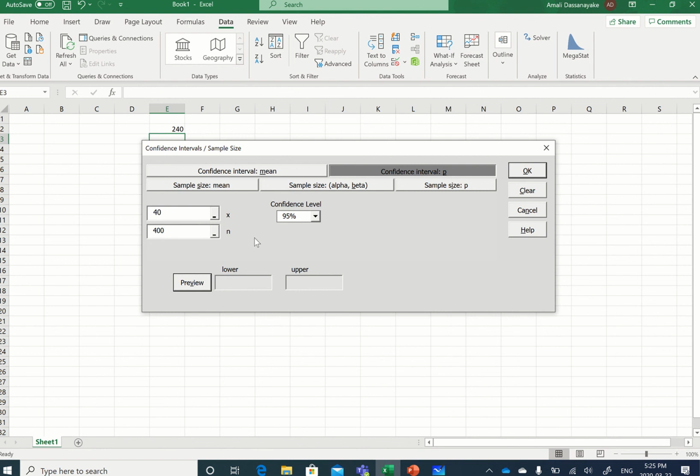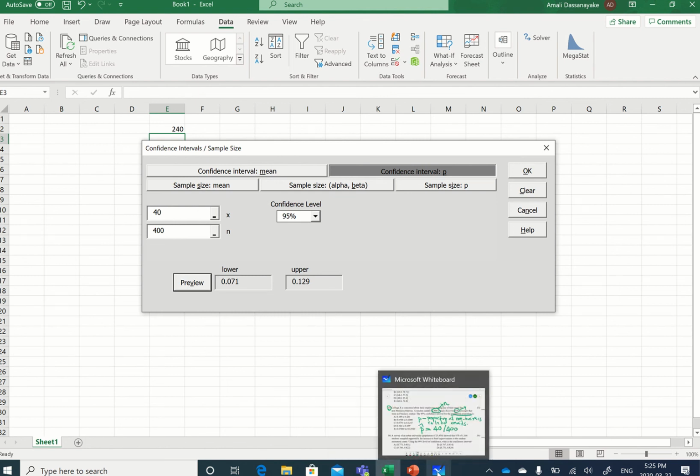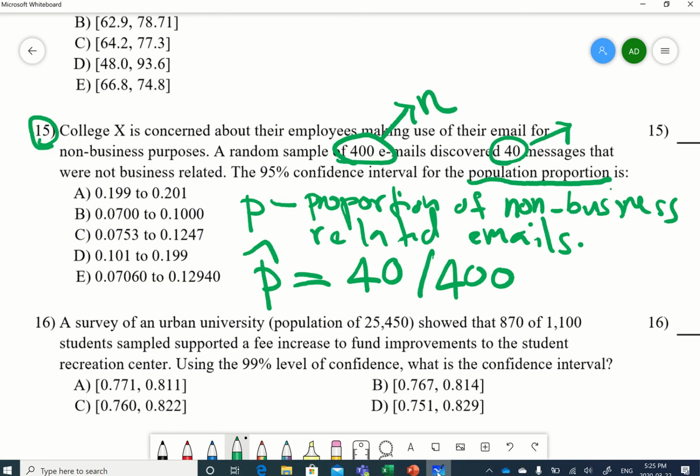So no choice between Z and T, no standard deviations, nothing like that. Just the sample proportion and then pick the level of confidence. That's it. So 0.071 to 0.129. I think it's this one. That's the closest.